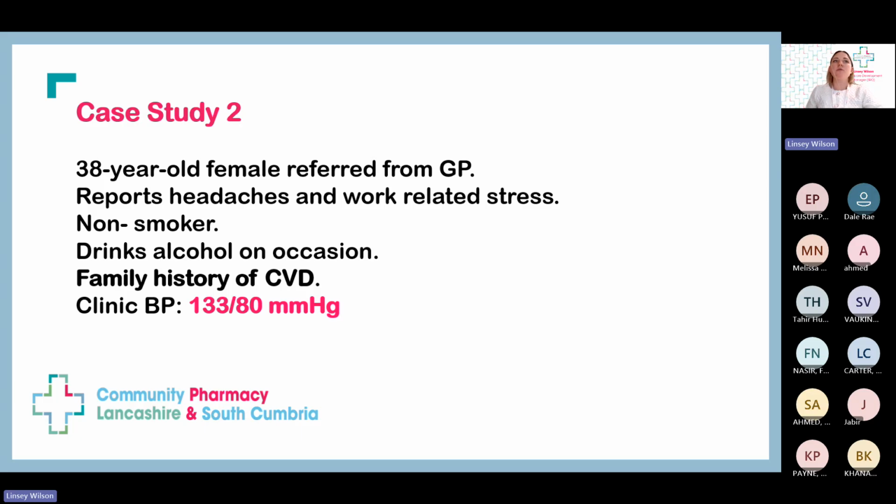Her blood pressure is sitting at 133/80. So as I've mentioned, although she's under the age criteria, and I know the SLA states that it's the pharmacist's discretion whether to do so, given the family history, I would absolutely recommend that we're doing that check. And as I say, across Lancashire and South Cumbria, we do have that agreement that we will see patients that are under the 40 mark.